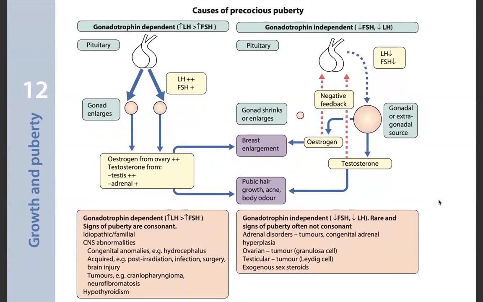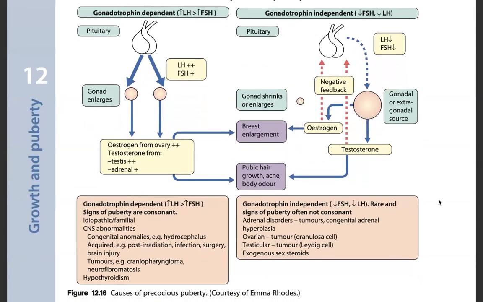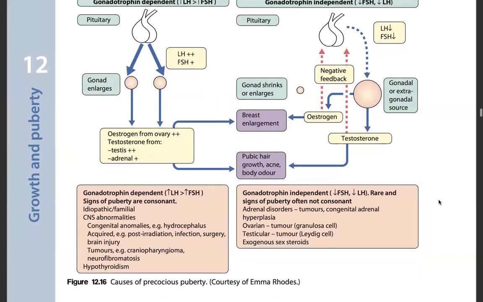Gonadotrophin-dependent signs of puberty are consonant: idiopathic, familial, CNS abnormalities, congenital anomalies, hydrocephalus, acquired post-radiation, infection, surgery, brain injury, tumors, for example craniopharyngioma, neurofibromatosis, hypothyroidism.